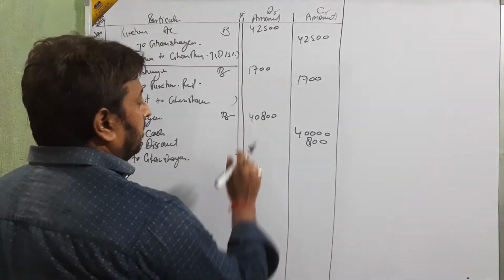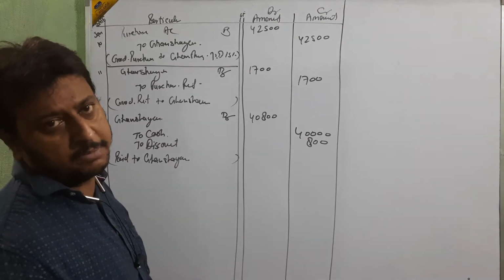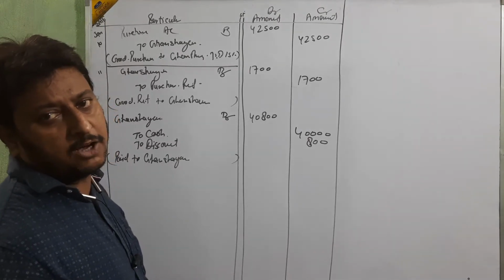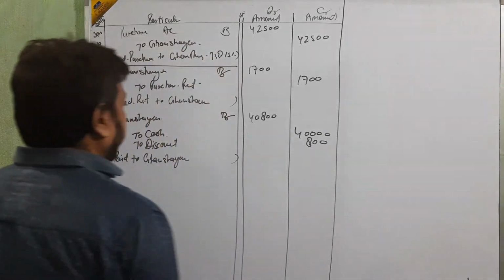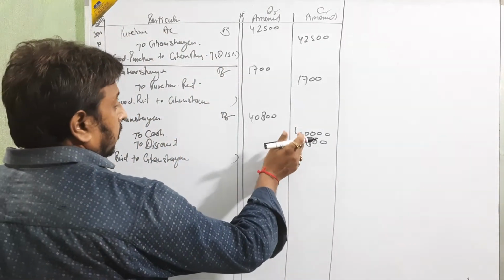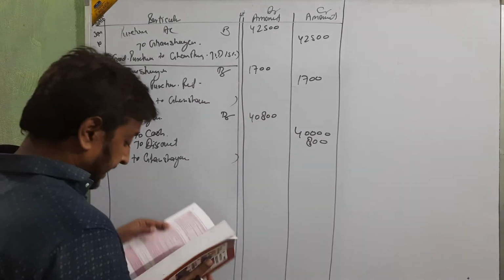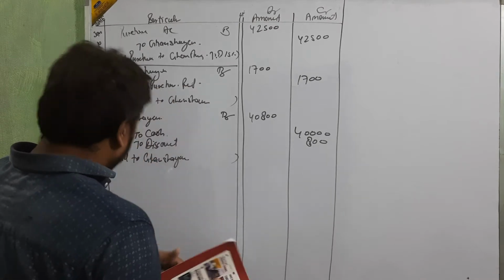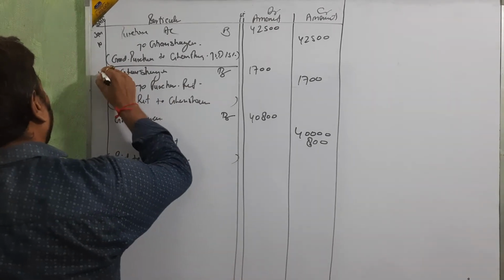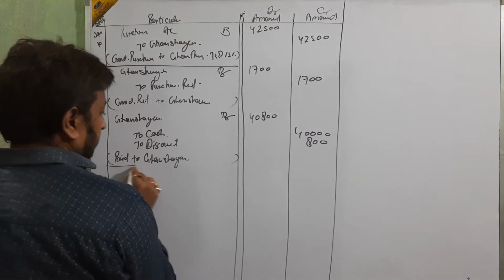It means the remaining amount is 40,800. Clear? And then we are only paying 40,000. It means 800 is the discount. And the date is 13 and 15. Okay, next.